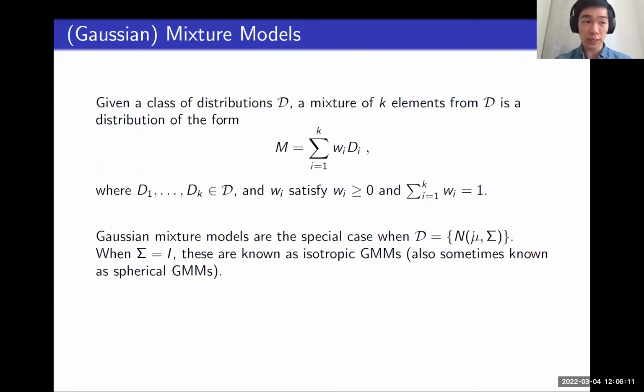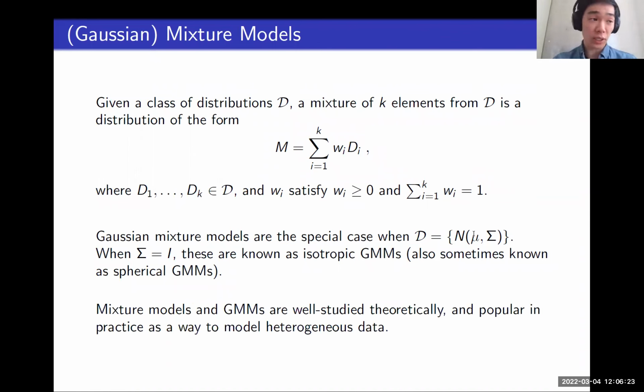So really we have identity covariance Gaussians with various different means, and so there are different shifts on the components. Okay, and mixture models and in particular Gaussian mixture models are very well studied theoretically and also often used in practice as a way of modeling data from, say, a heterogeneous population.